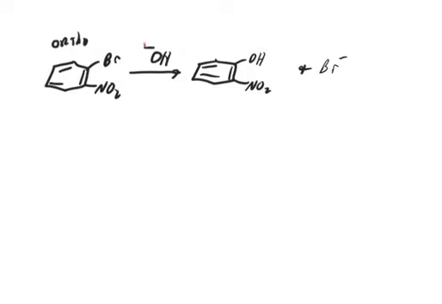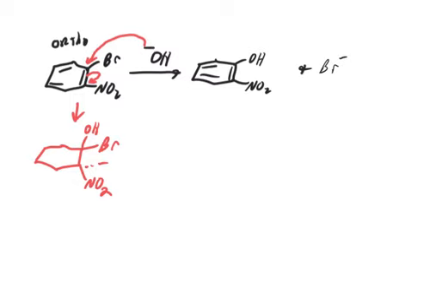Let's go through it. What happens is we get addition to the aromatic ring and the electrons go onto the carbon next to the electron withdrawing group. This is really why the reaction happens. So the OH adds in, and I wind up with a negative charge next to my electron withdrawing nitro group. And this is actually a good thing, right?